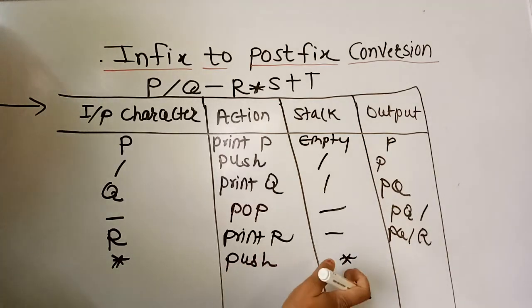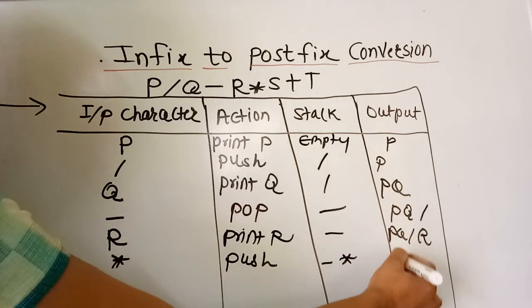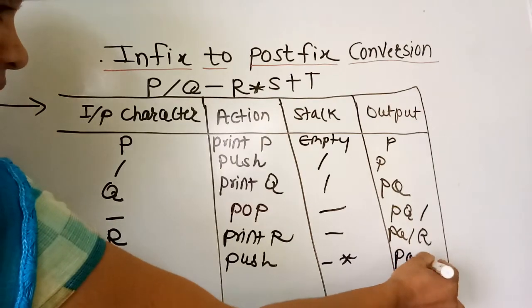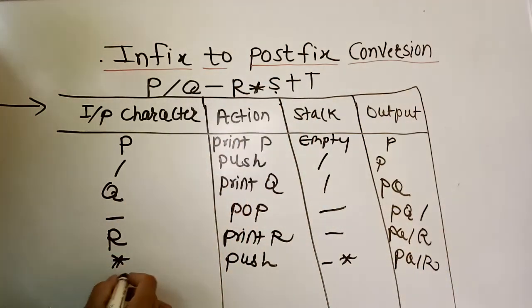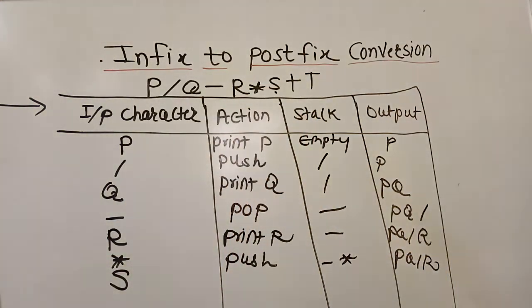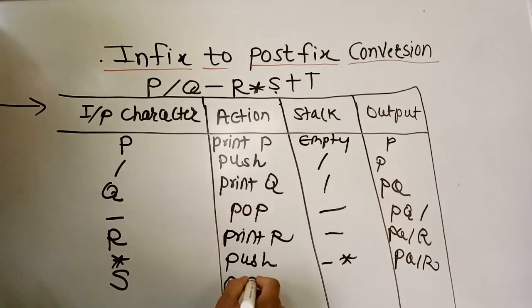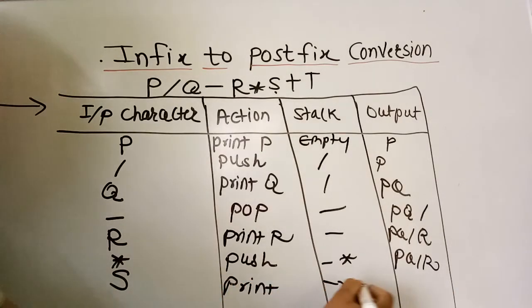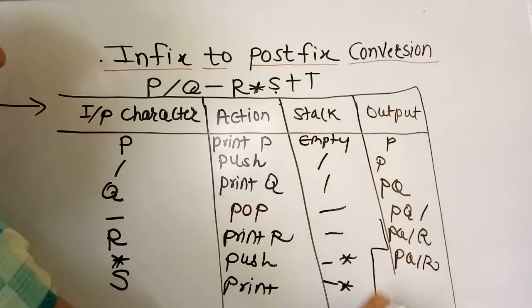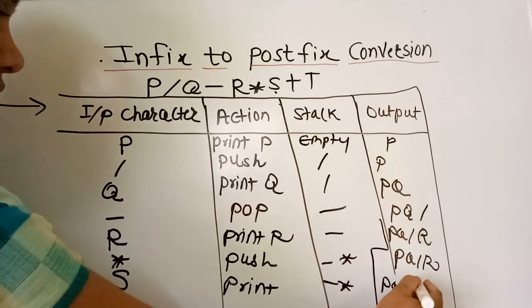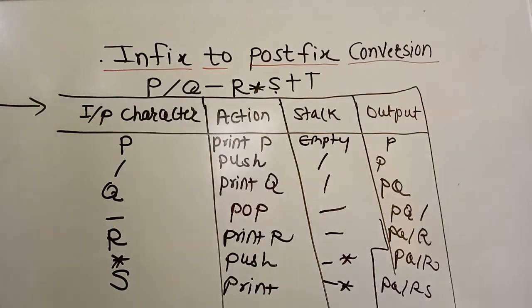As star has higher priority than minus, it will remain on the stack. Then the output is PQ divide R. Again it is S. S is the operand, so it goes to the printing stage. So it will be PQ divide R S.